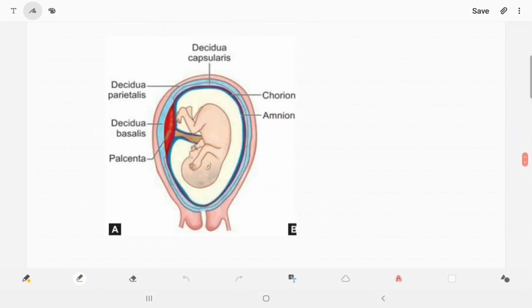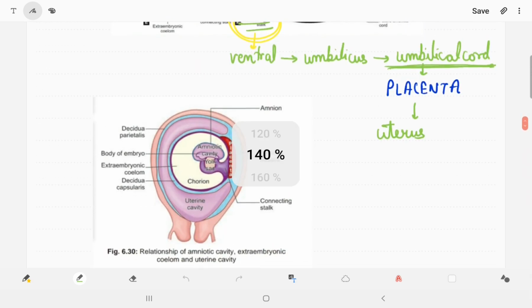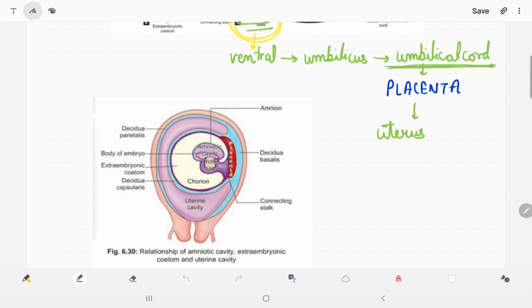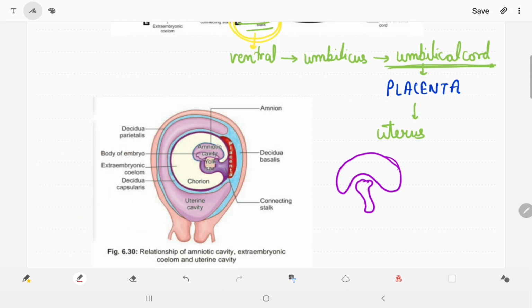So I told you that the amniotic cavity keeps on folding upon itself. Can you recall? It keeps on folding upon itself and the yolk sac goes within it. So you can see it very well in the diagram that the amniotic cavity with the baby has folded, and this is the yolk sac.